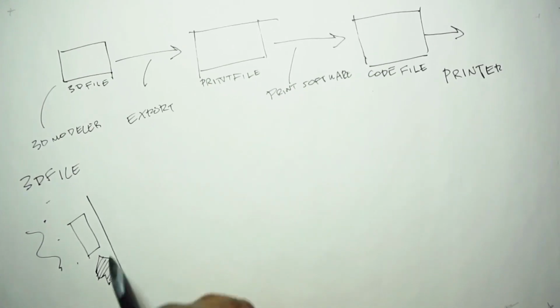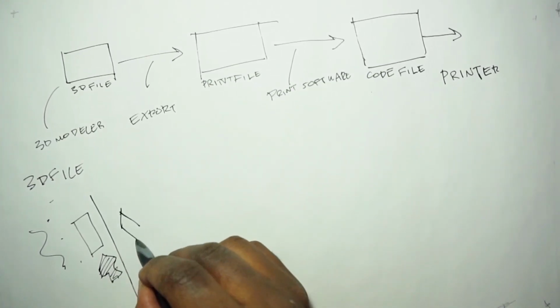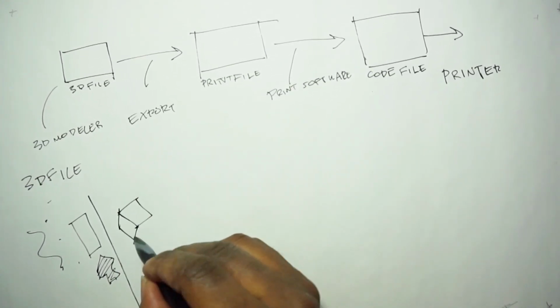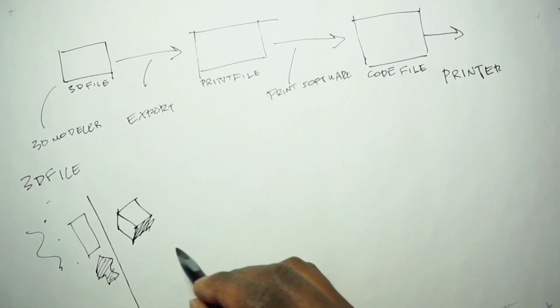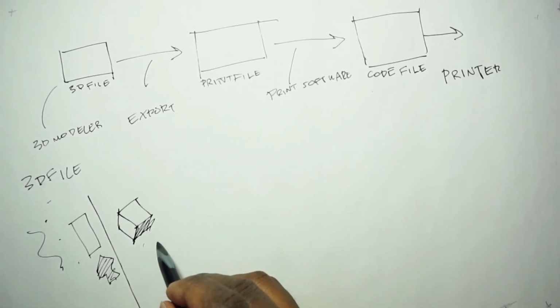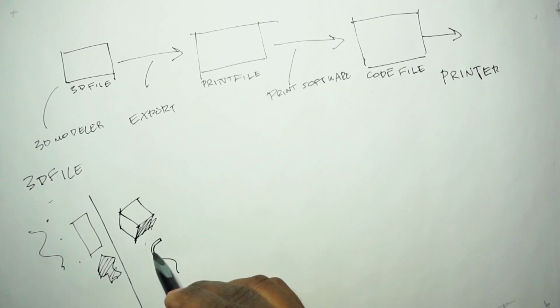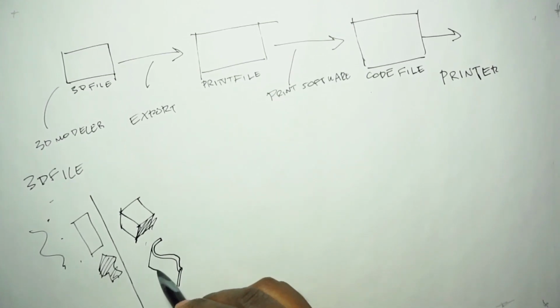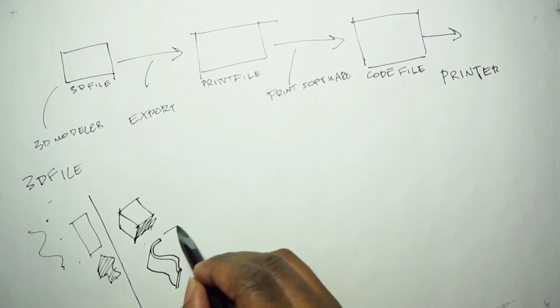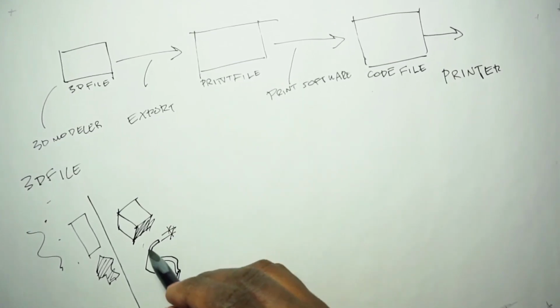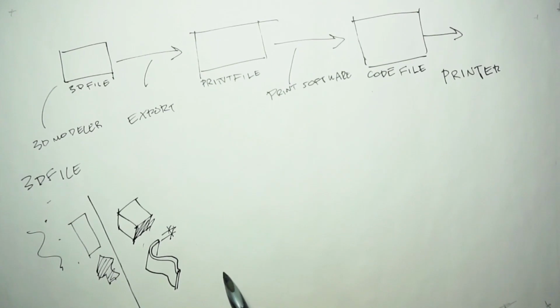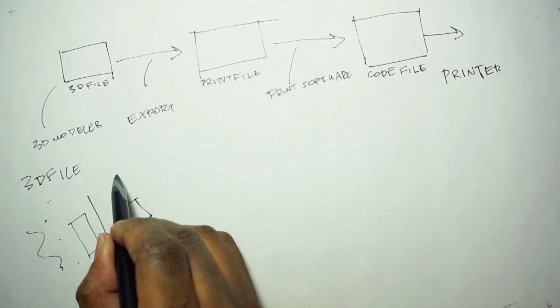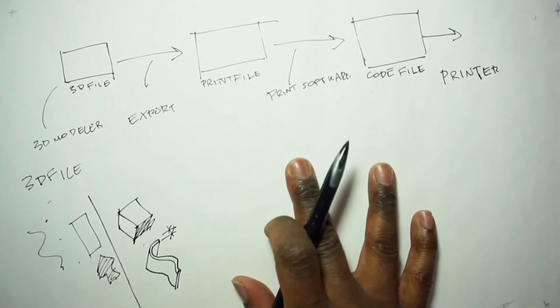The things that you can export for a 3D printer are closed forms and also surfaces that have at least a thickness, right? So that thickness allows it to be printed. So something that has 0 thickness can't be printed.